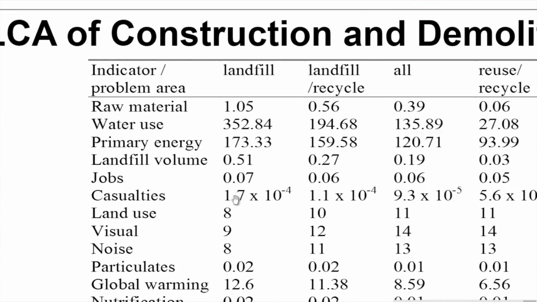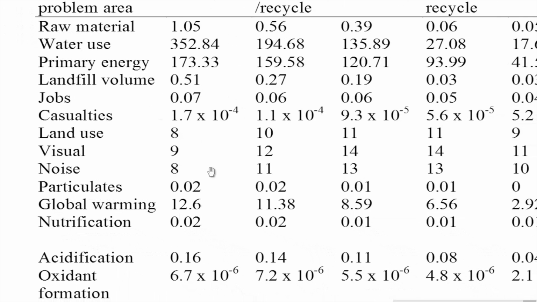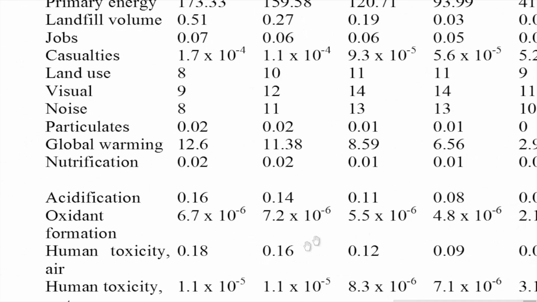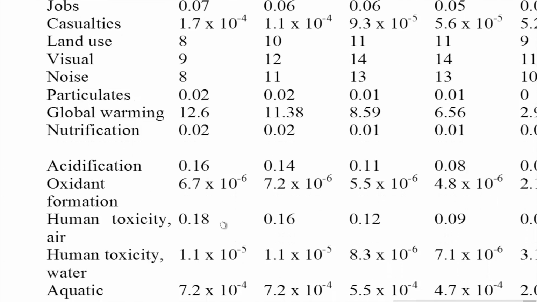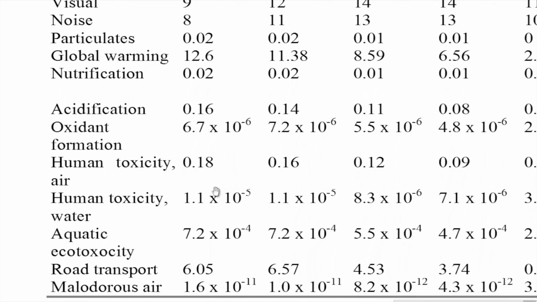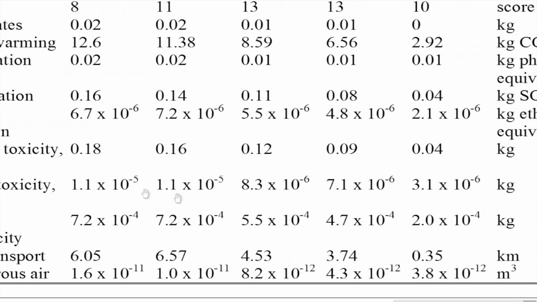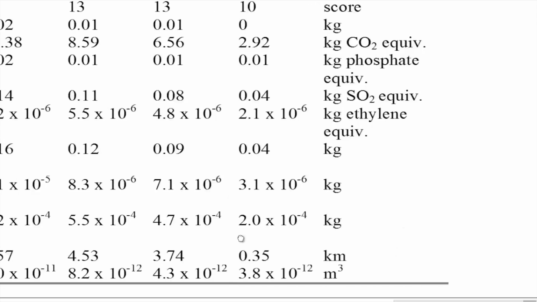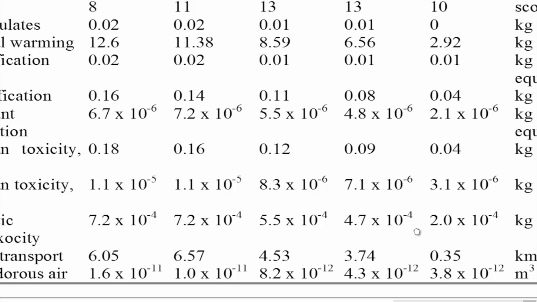So, the primary energies we have looked at, and global warming, if you look at it, is 12.6, which can be reduced by reducing carbon dioxide. Several aspects like visual noise are also included in the graphical chart, and in terms of road transport, in kilometers, it has a very low value.